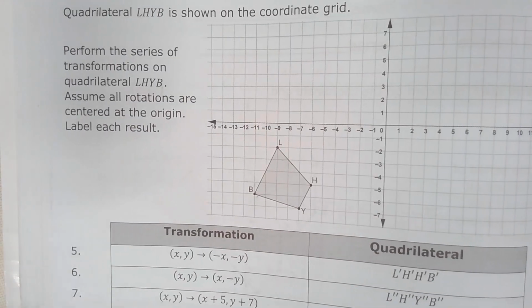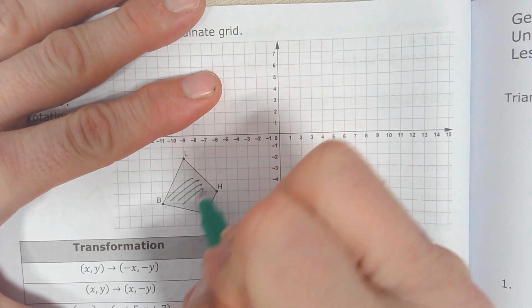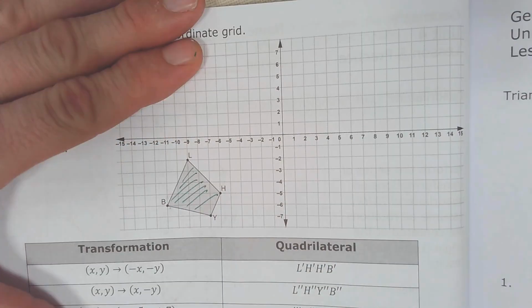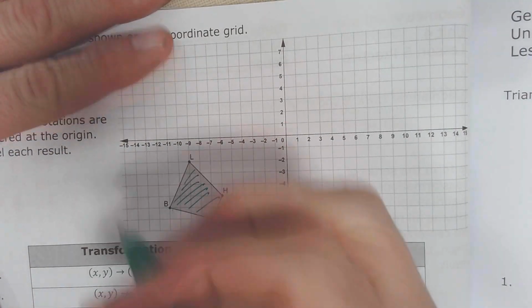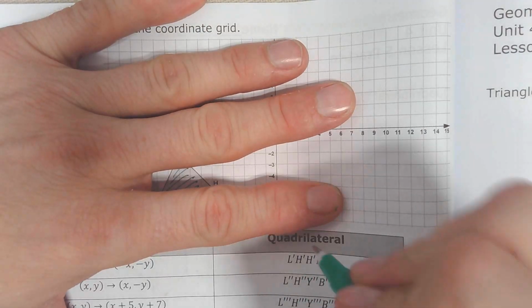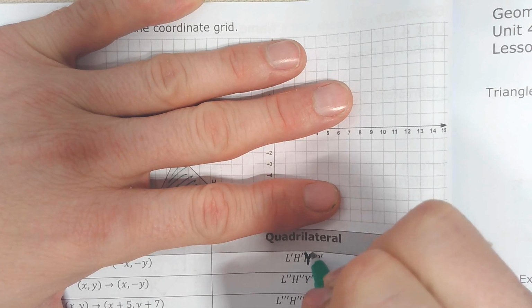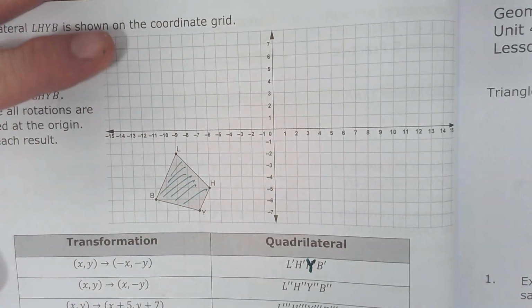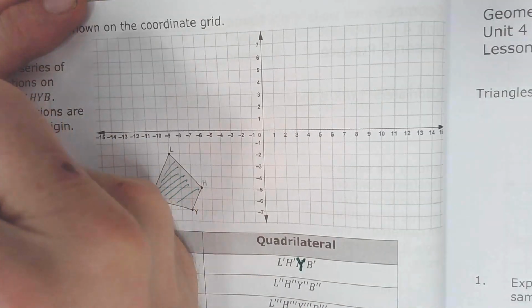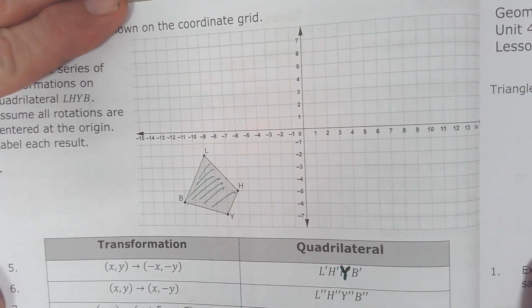All right, so I'm going to call this my original. My original is going to be green. And I'm going to go L. Is that 2 H's? This should be a Y. A typo. Imagine that. All right, so we have L, H, Y, B. I got to move it over.